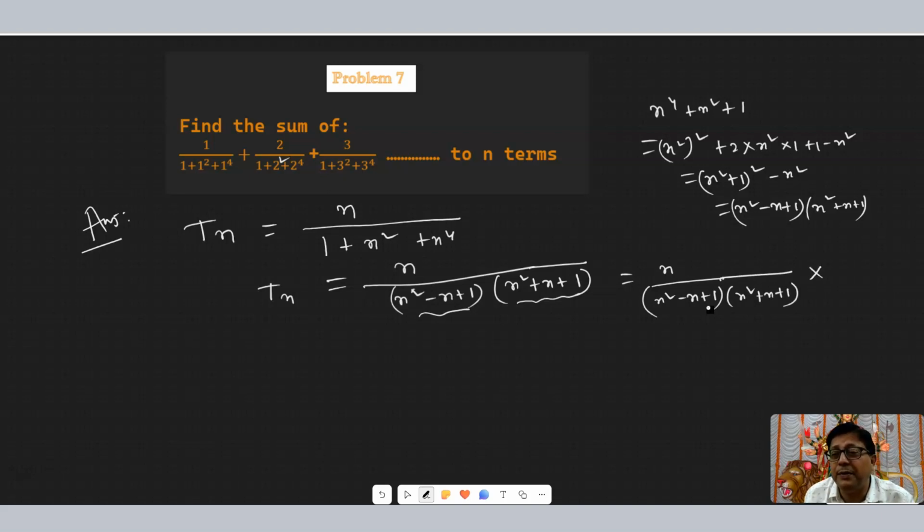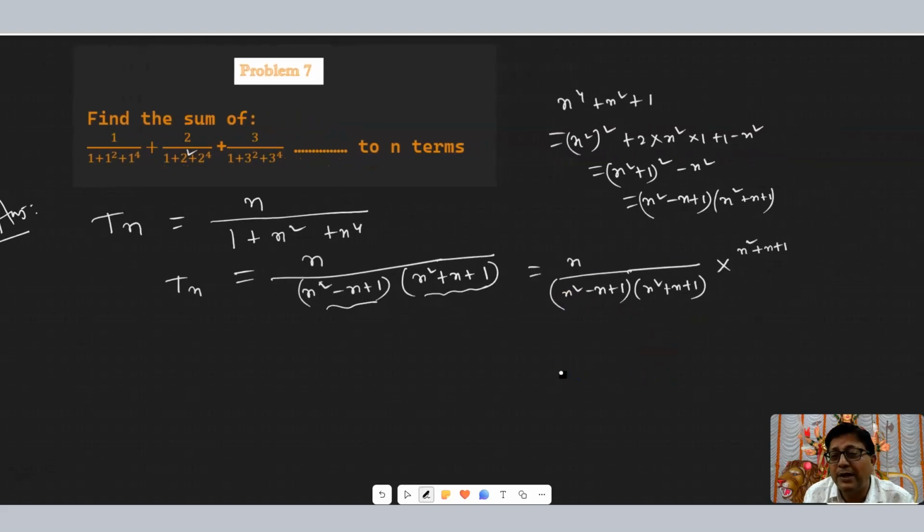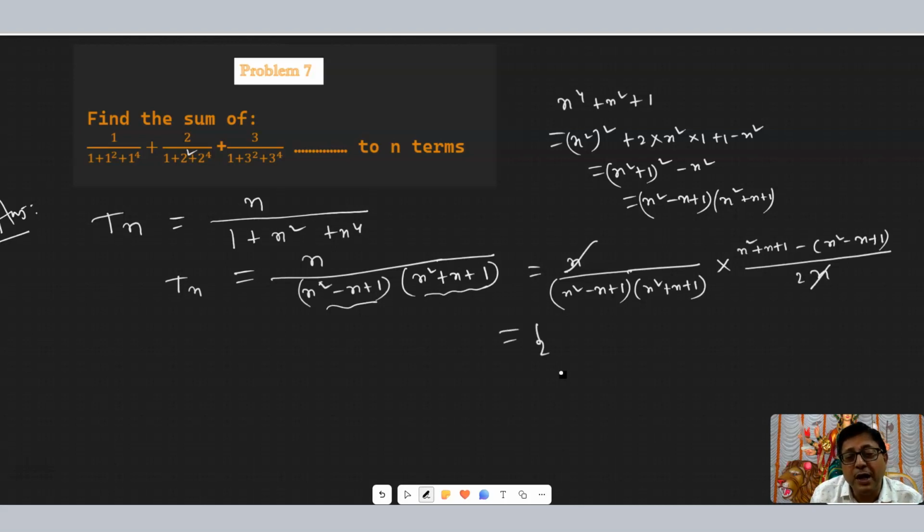And there it will be the difference of these two, n square plus n plus 1 minus this, divided by their difference, which is 2n. So these 2n get cancelled. Okay. So this you write as half into, take this one inside, then n square n plus 1 by this, it will give you minus 1 by n square n plus 1.